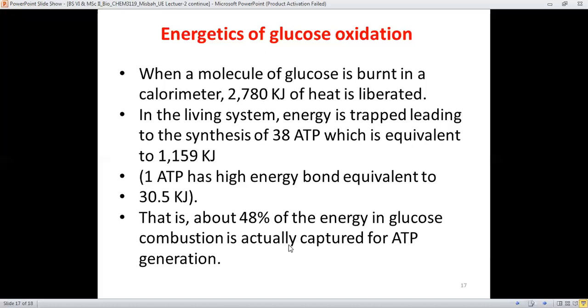And therefore about 48% of the energy in glucose combustion, to yield completely oxidized carbon dioxide and water, is actually captured for the synthesis or generation of ATP, and 38 ATPs are generated by this process.